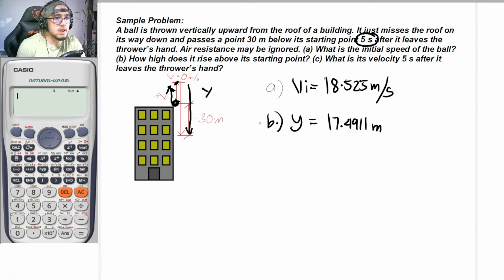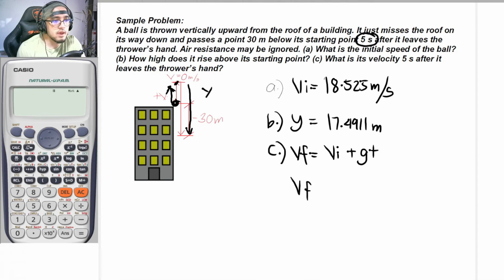As for C, what is its velocity 5 seconds after it leaves the thrower's hand? This is very simple. What we will be doing is VF equal to VI plus GT. For VI, that is 18.525, plus, what is the value for gravity?